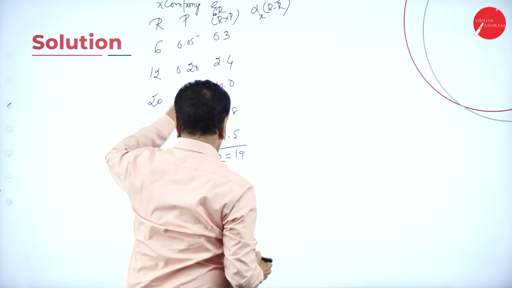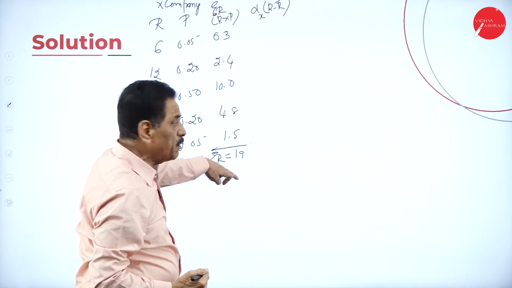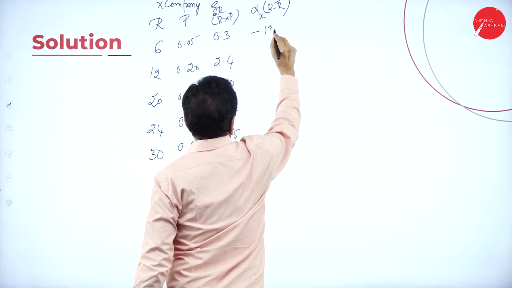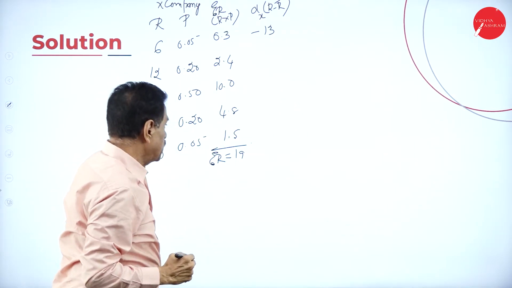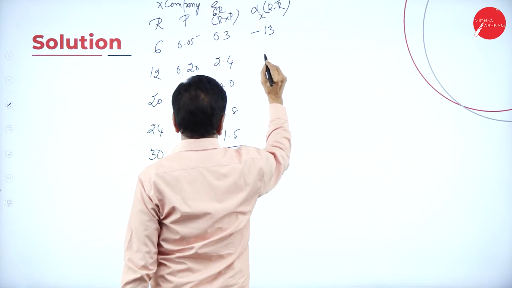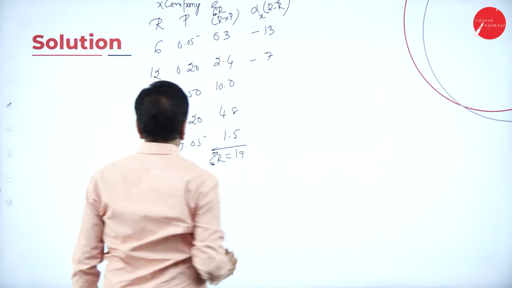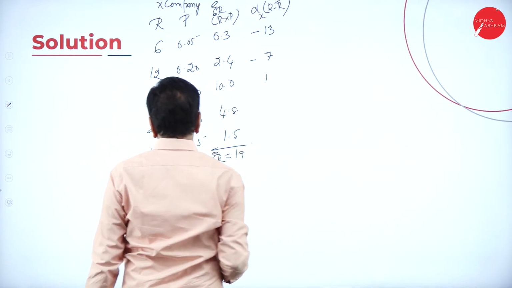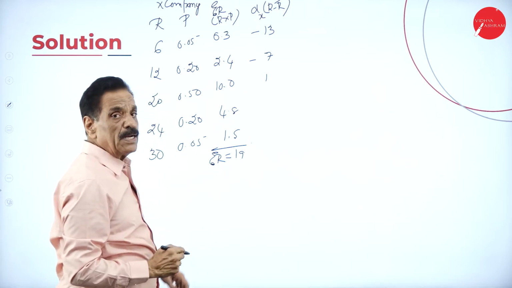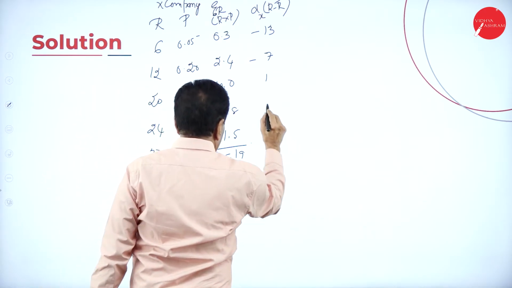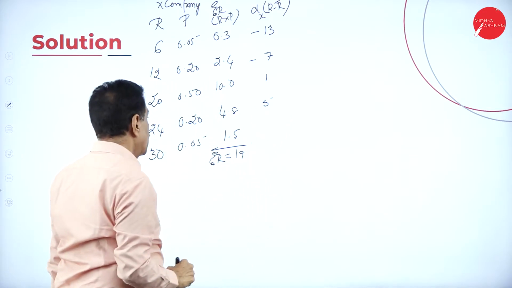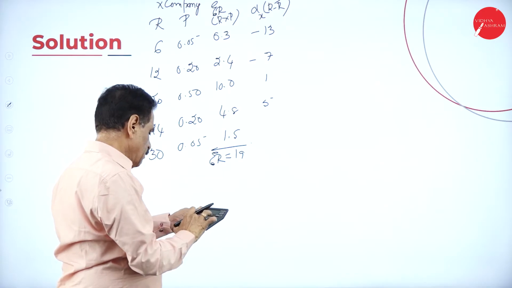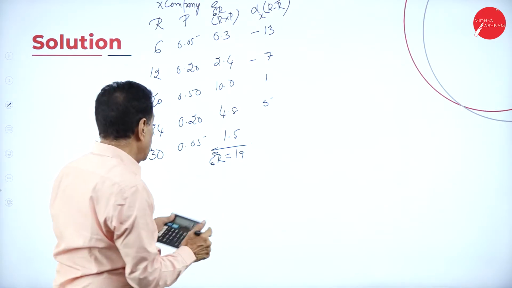Your r is 6, and r mean is the average, the expected return is your mean. 6 minus 19 is minus 13. 12 minus 19 is minus 7. 20 minus 19 is 1. 24 minus 19 is 5. 30 minus 19 is 11.